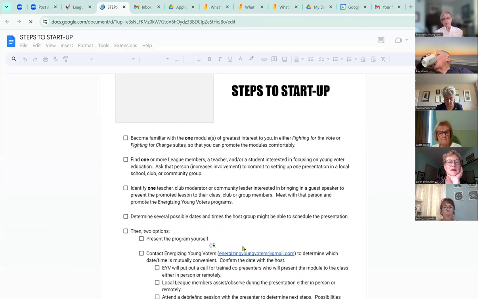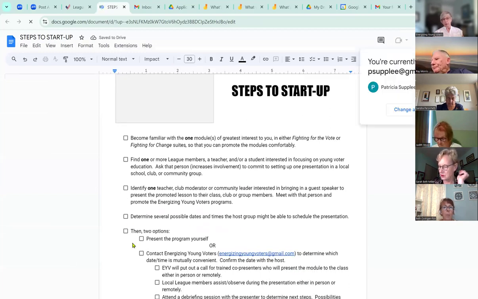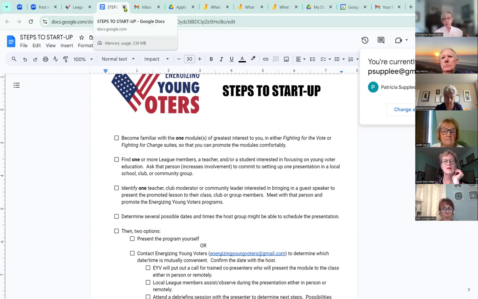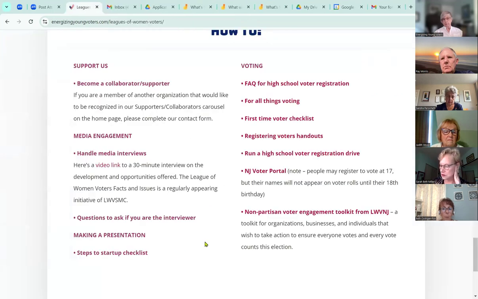And there is a checklist, and you can just go through it one after the other and feel very confident that you've got a guideline to get you into a school and to get your program or your lesson up and running without a lot of hassle. There are also a whole bunch of things on voting that are useful for league members to hand out if they're doing a voter registration drive, or if they're working in schools.